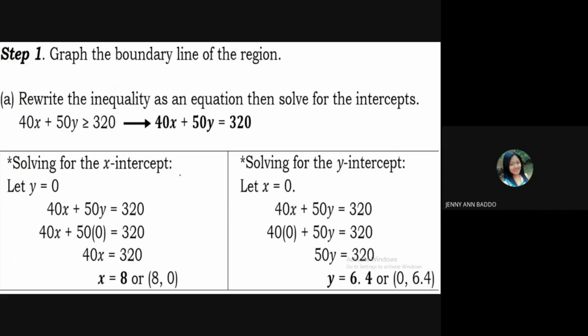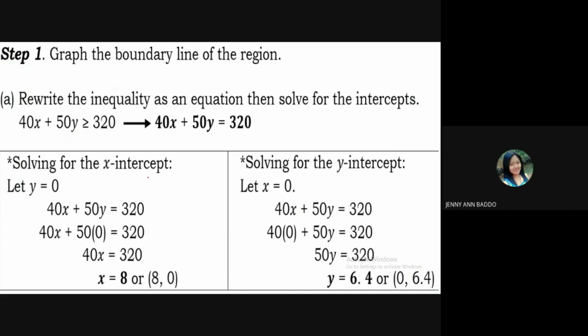Now, if you can still remember, there are different ways on how to graph a line, since this is already a line. And one of those ways is using the intercepts. So we have to find the x and y intercepts.